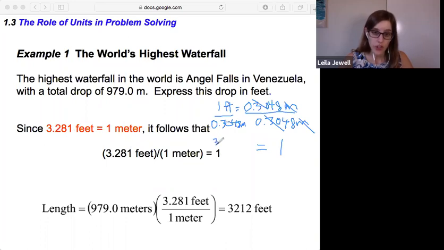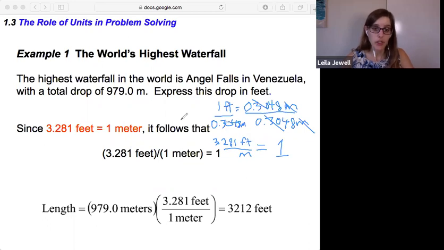I encourage you to check that yourself. Don't just take my word for it. 3.281 feet per meter. So this is now a conversion factor because it's equal to 1, and you can multiply any number by 1 and it's not going to change it. That's a nifty factor.